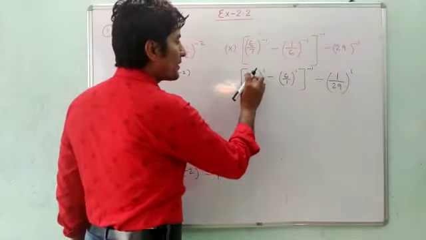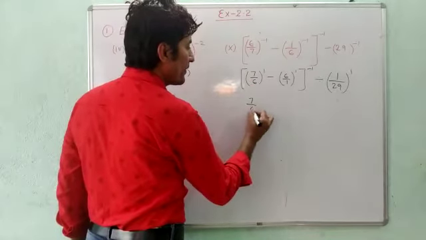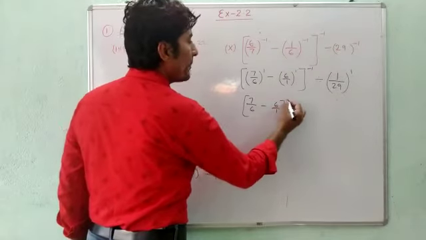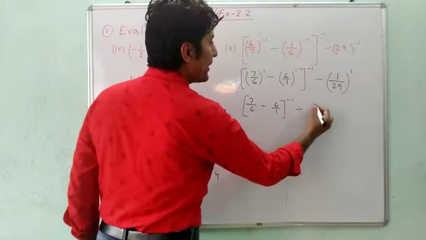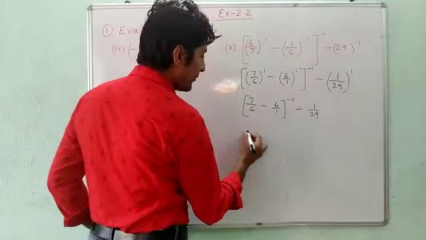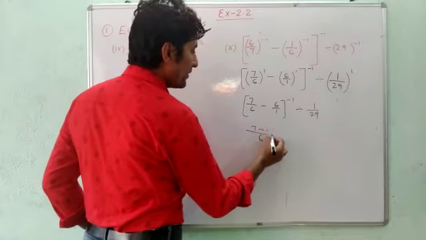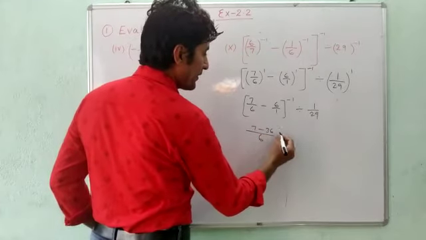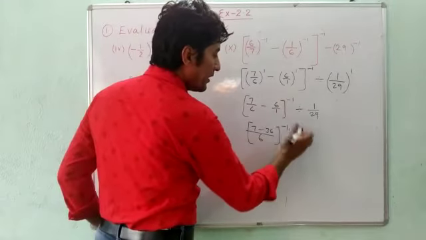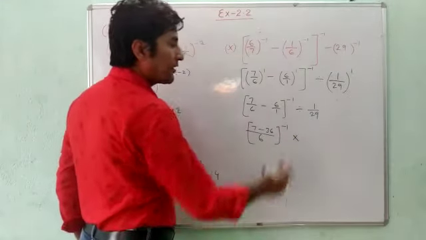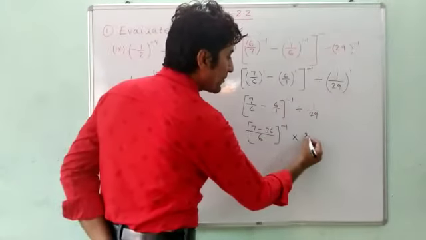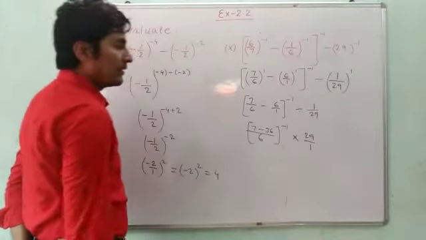Now here we can write 7/6 minus 6/1 whole to the power -1 as it is, divided by 1/29. Now we can solve this part. 6 will be as it is, (7 minus 36) whole to the power -1. We can write the sign of multiplication instead of division, and we have to write the reciprocal of 1/29, that will be equal to 29/1.